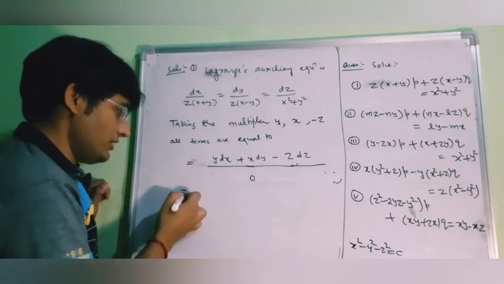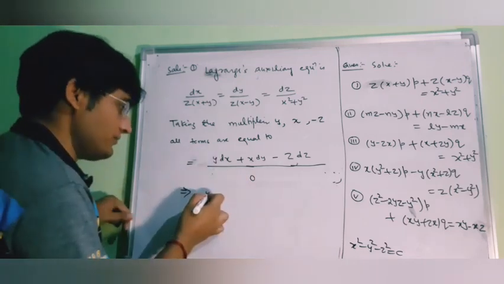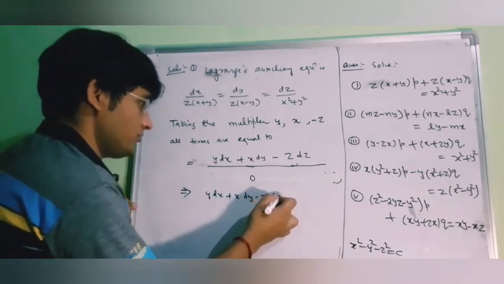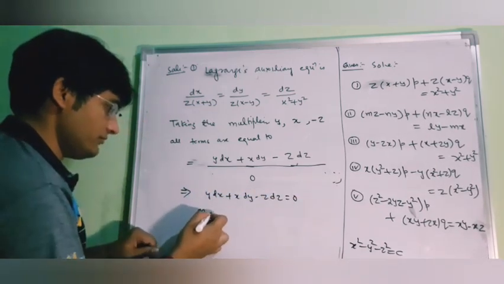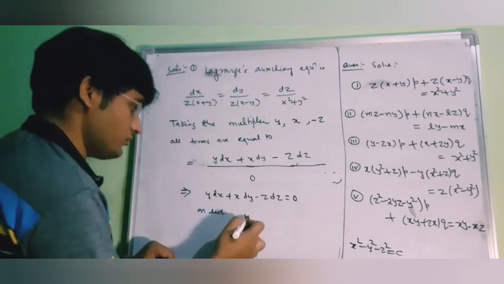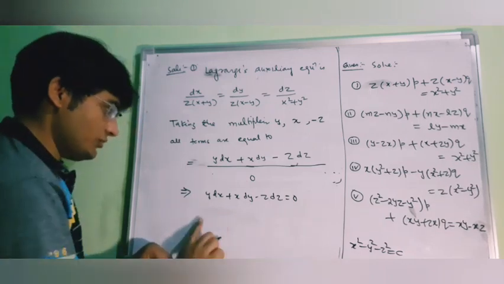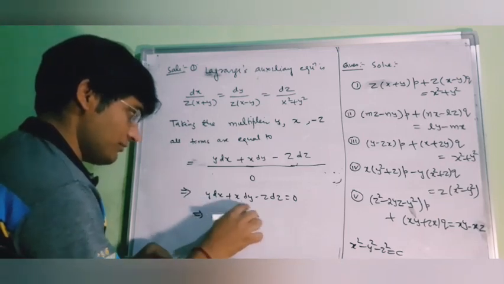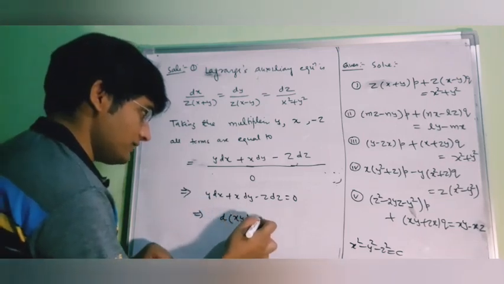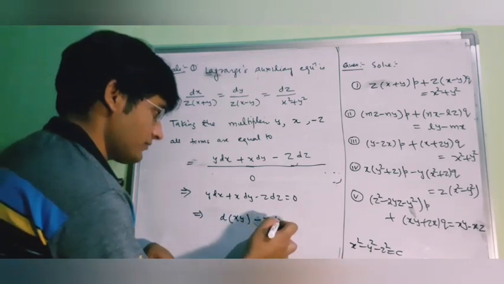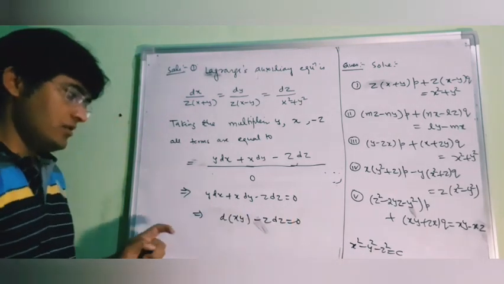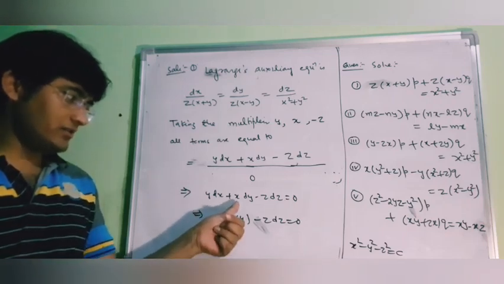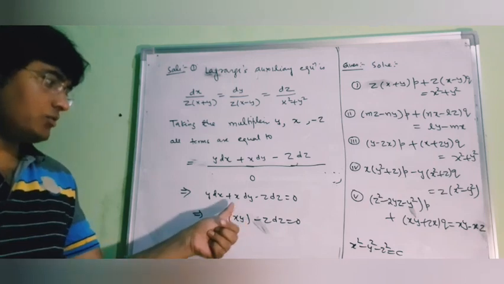So again, on cross multiplication, we will get this term equal to 0. Before integration we can combine these two terms. On combining these two terms we can write them as d of xy, because if you take y as a constant then we will get y dx, and then if you take x here then we will get x dy.